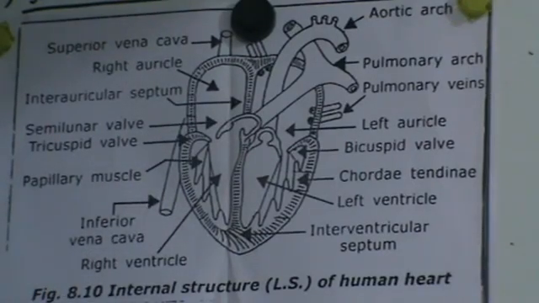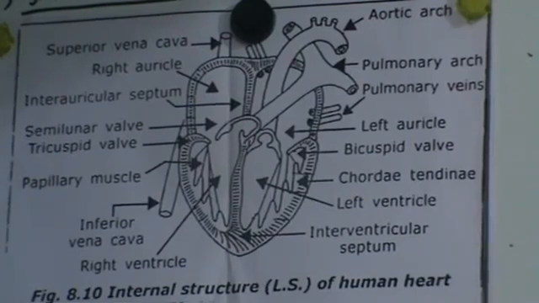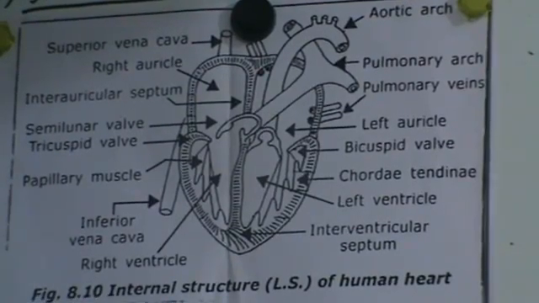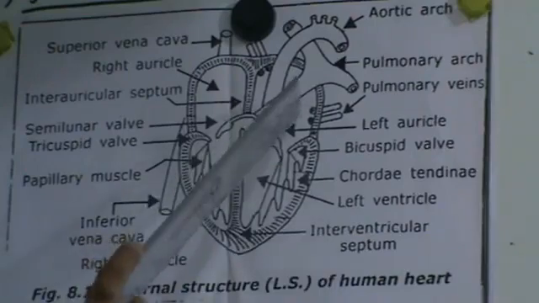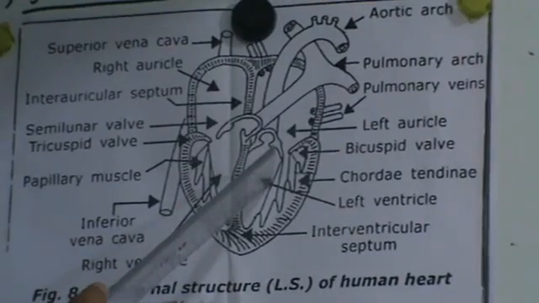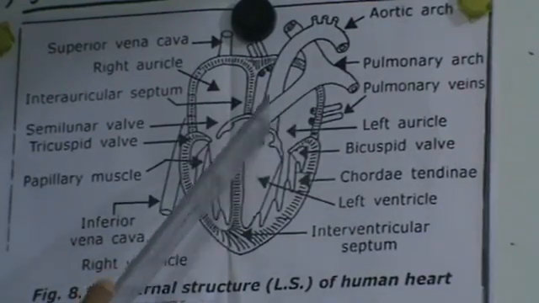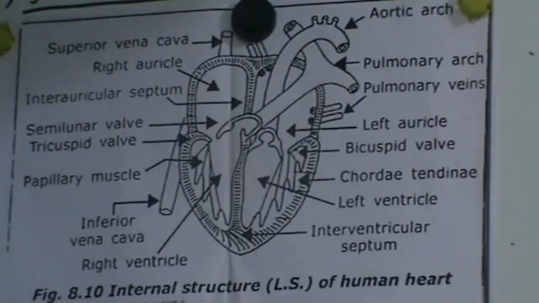The left auriculoventricular aperture is between the left auricle and the left ventricle and is guarded by the bicuspid valve, which has 2 cusps. The tricuspid and the bicuspid valves are connected to the papillary muscles.